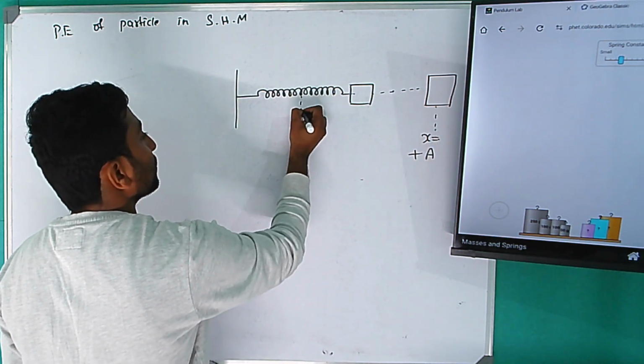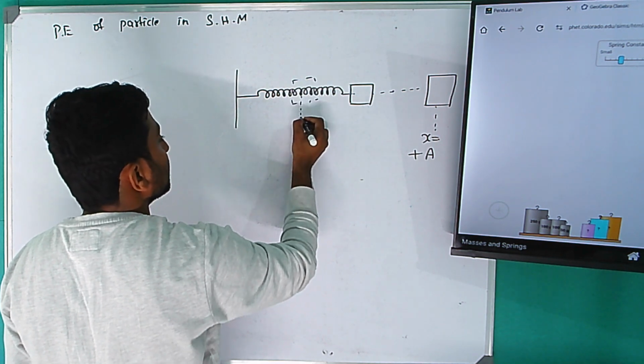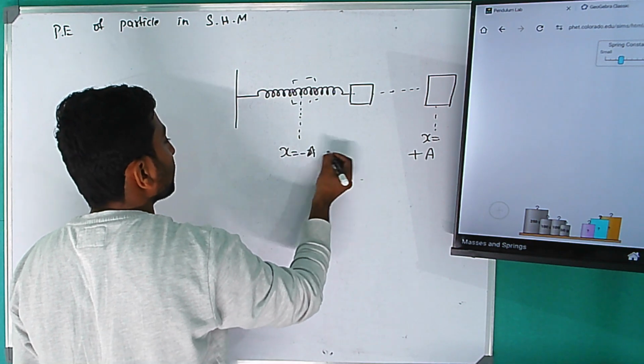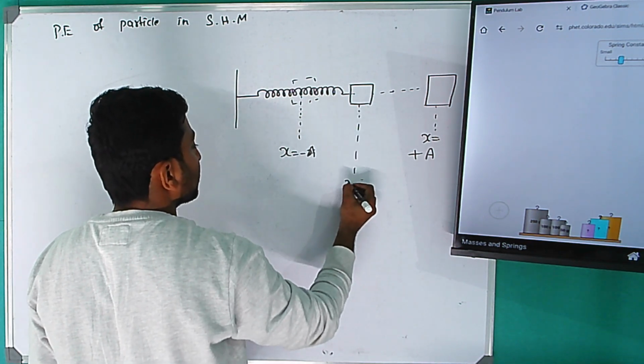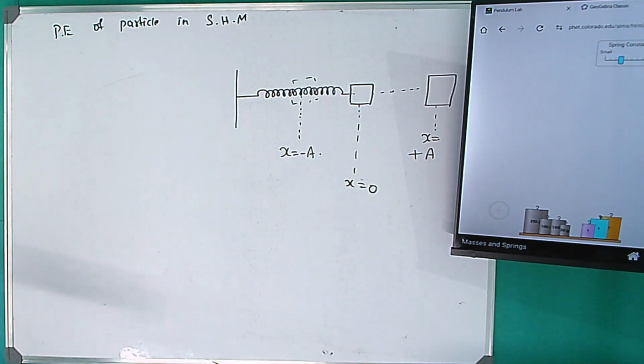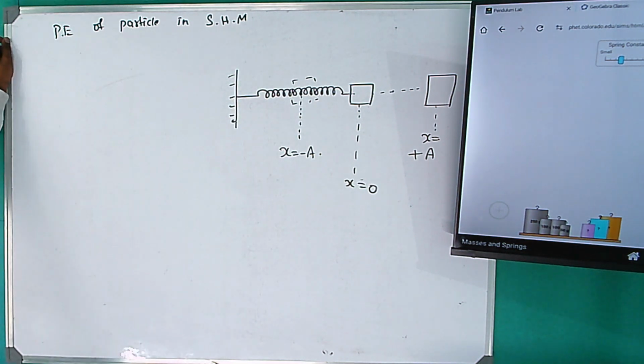And this position when it comes here, I call this the minimum displacement, x is equal to minus a, and this is x is equal to 0. The particle is executing simple harmonic motion in between plus a and minus a about the equilibrium position 0.